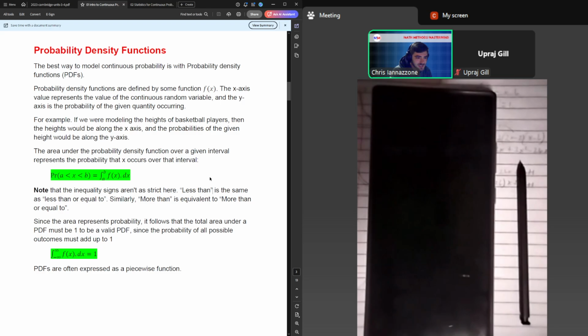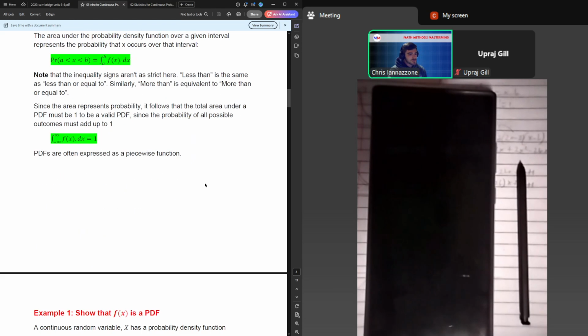Now, it won't always be the case that you need to do integrals. If your probability density function is sufficiently easy that it makes a square or a trapezium or a triangle or some other area that's super easy to calculate, then by all means go ahead and use geometry for that. But for the vast majority of the cases we'll look at, you would be using the definite integral to find the area under a curve.